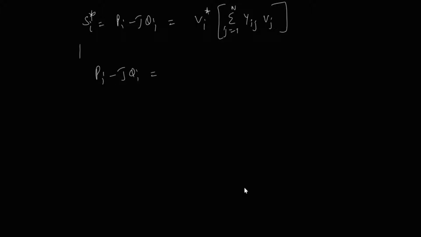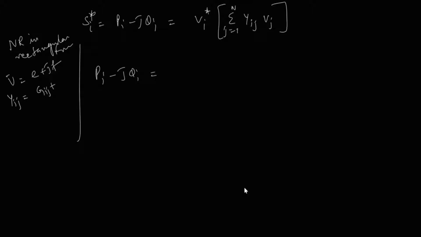Now in Newton-Raphson in rectangular form, what we are taking is V phasor equals E plus jF, and Yij is now taken as Gij plus jBij.